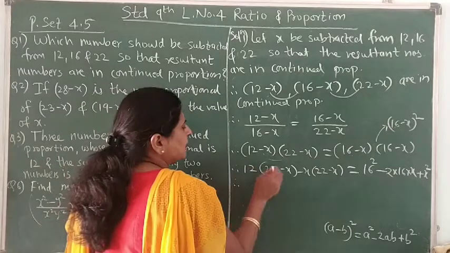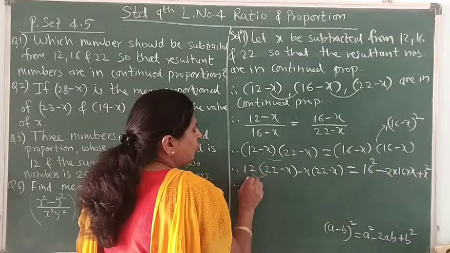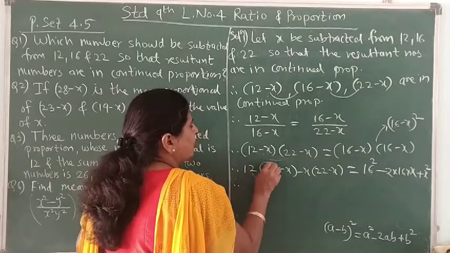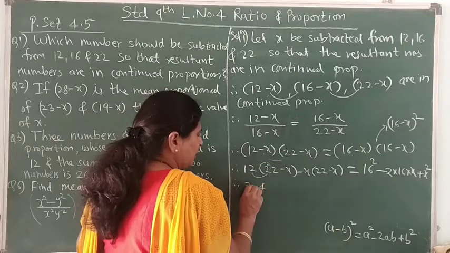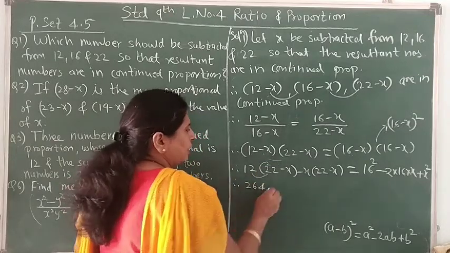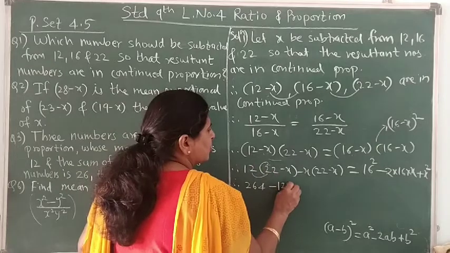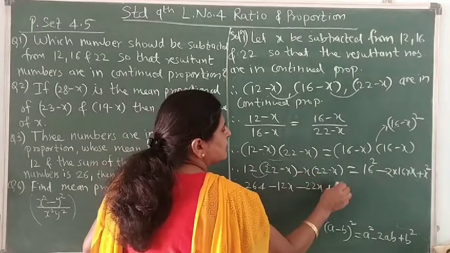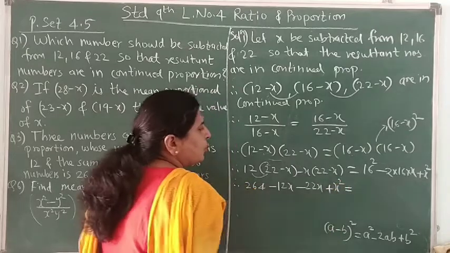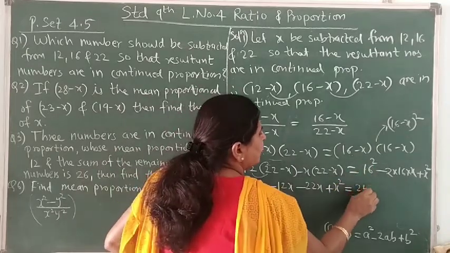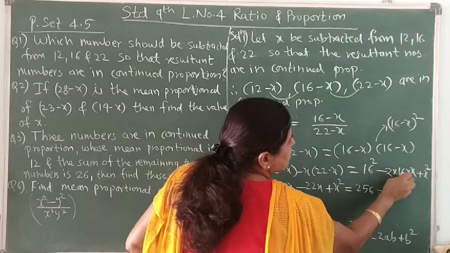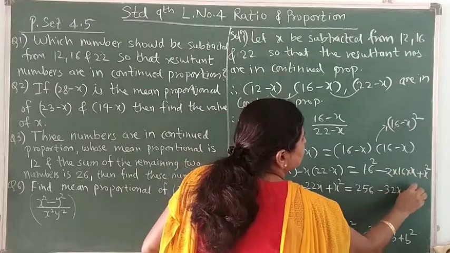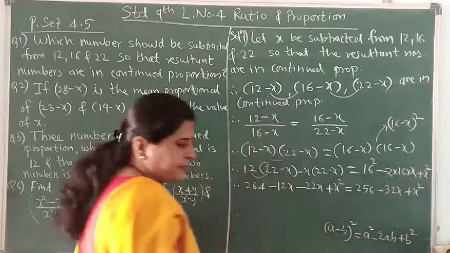Simplifying this left side, 12 into 22, 12 2s are 24, 12 2s are 24 plus 2, 26, 264, minus 12 into x, that is 12x, minus 22x, minus into minus plus x square, is equal to 16 square is 256, minus 16 2s are 32x plus x square.